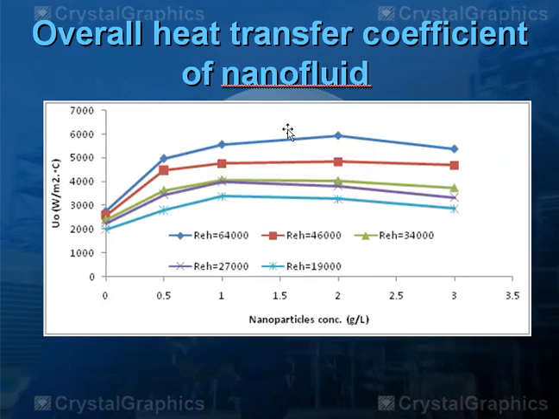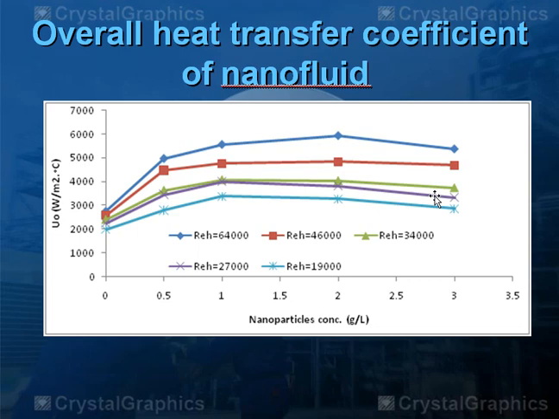As shown in this figure, we found a reduction of heat transfer enhancement at further high nanoparticles concentrations due to the effect of nanoparticles fouling inside the heat exchanger tube, because the high concentration of nanoparticles gives a nano thickness inside the tube.